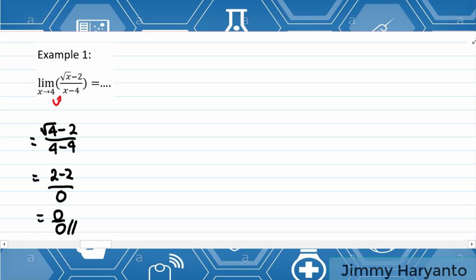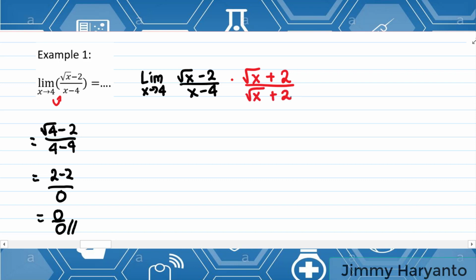So this one is 0 over 0 form. As I told you before, the method is to rationalize the square roots. When you rationalize it, remember you have to change the sign. When the sign is negative, you write positive.